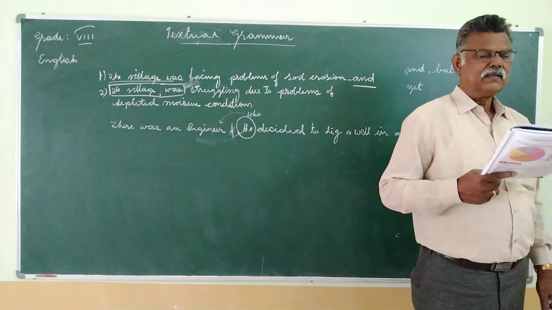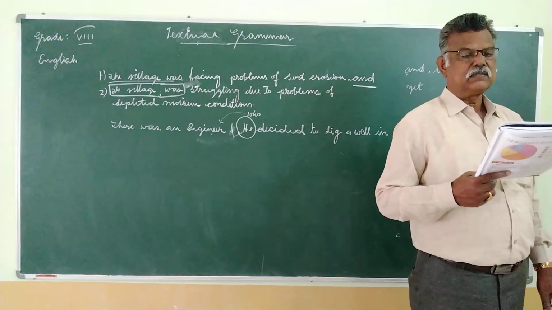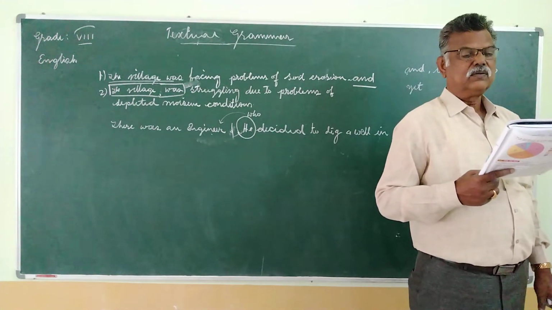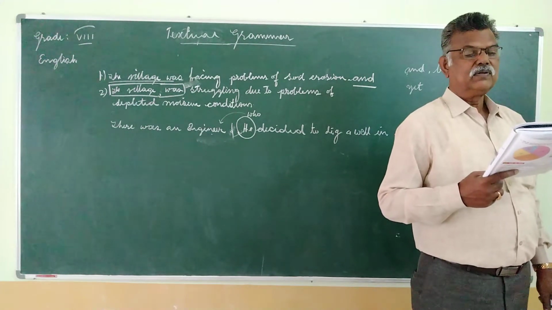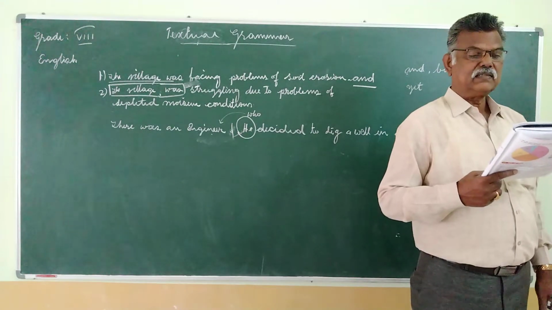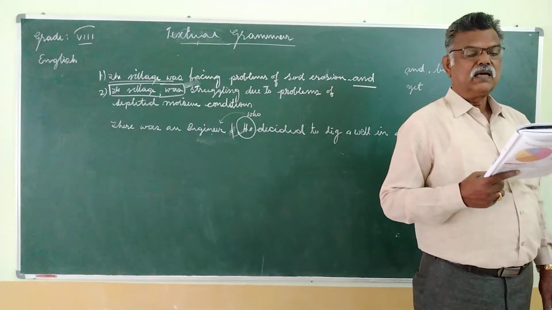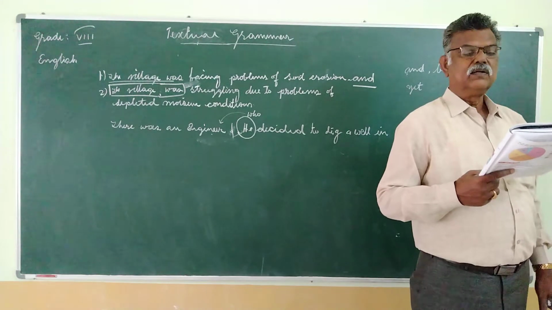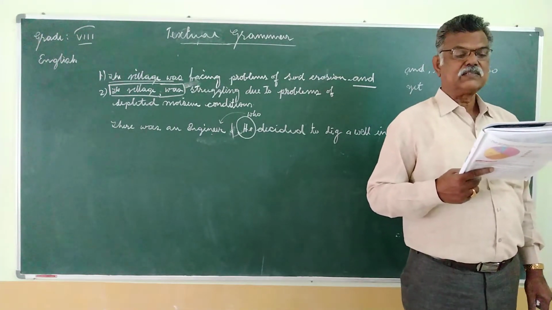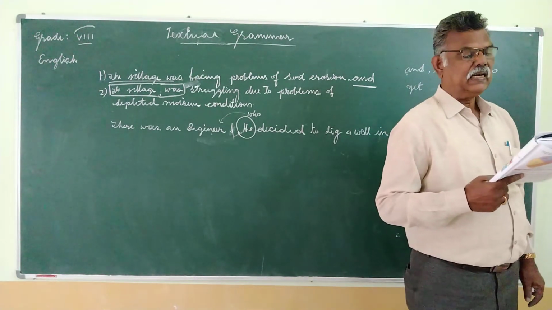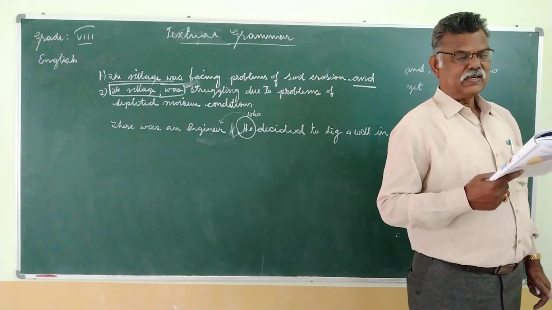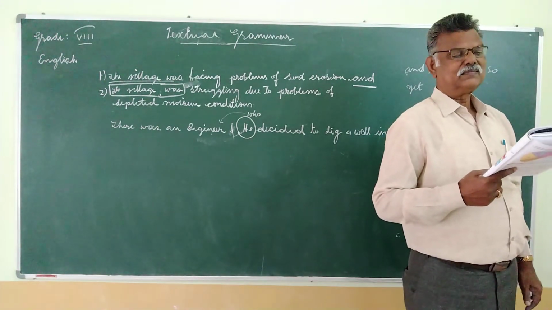They dug 3 different holes. Full stop. They could not find water. What should we do? Though they dug 3 different wells, they could not find the water. We can also say this one: though they dug 3 different holes, they could not find water.